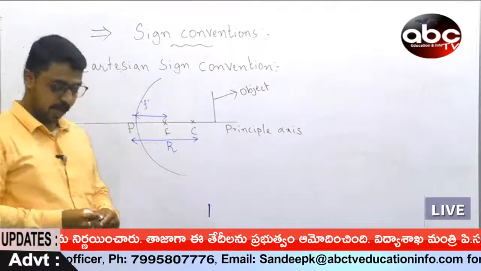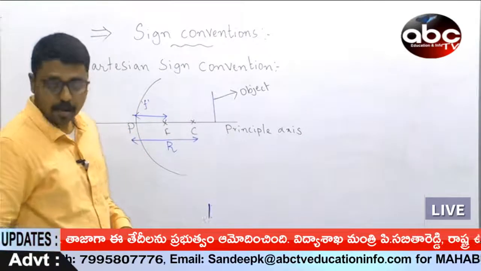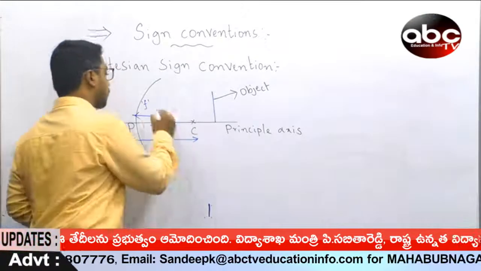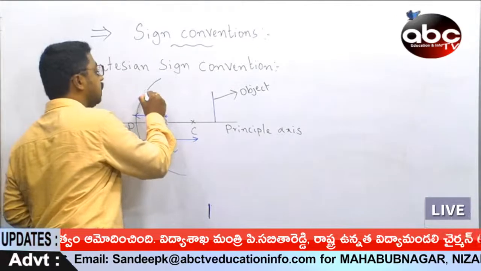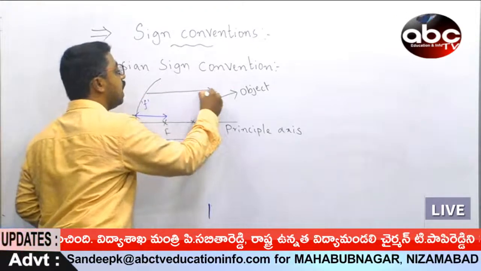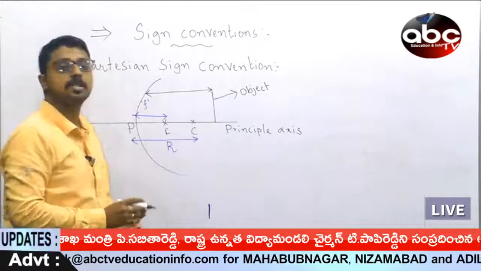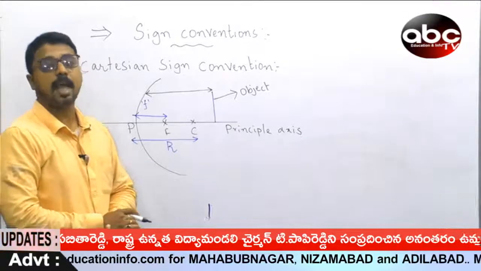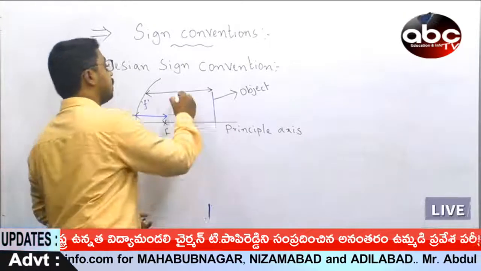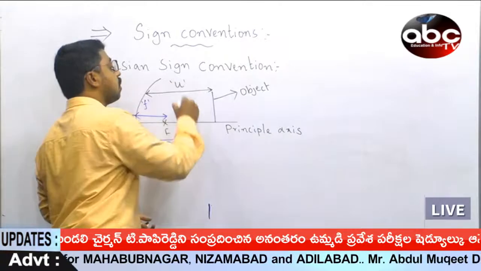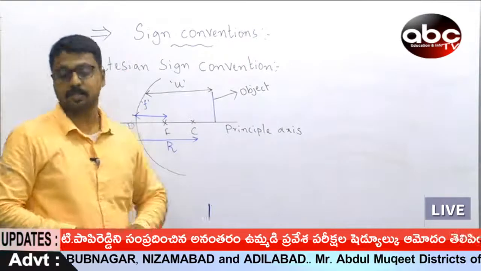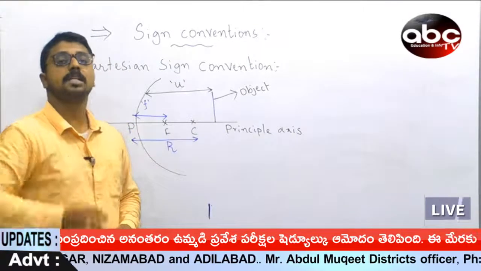The distance from the pole up to here can also be calculated, and that is called the object distance.